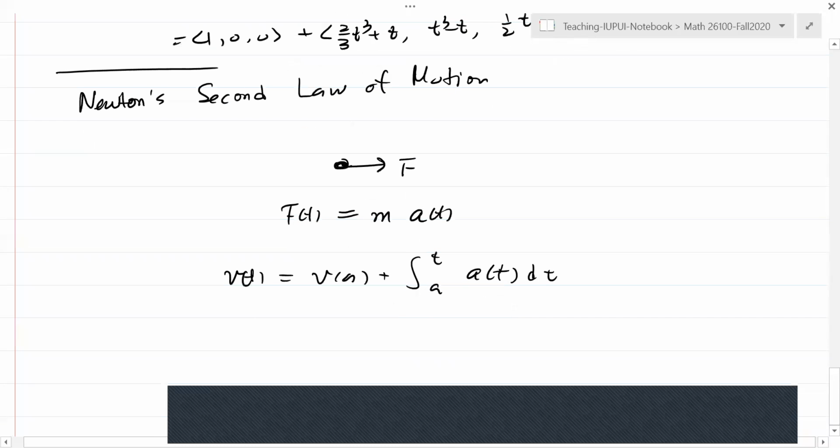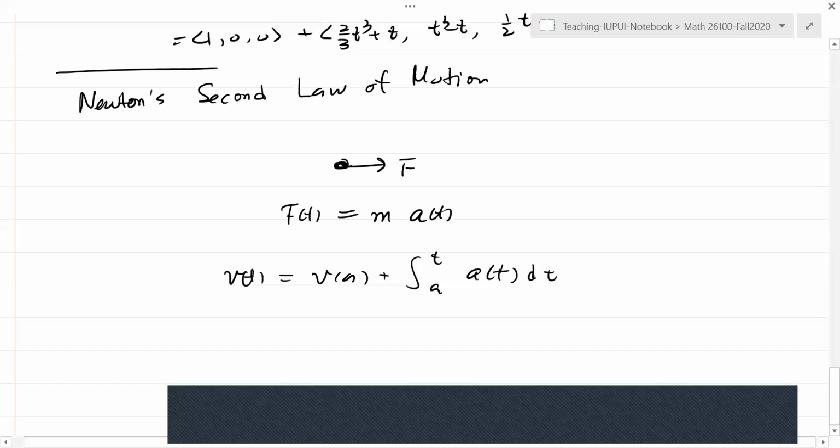Okay, so this is a formula, and sometimes we are given the force acting on this object, and then we want to figure out how the speed changes. Are you talking about projectile motion?